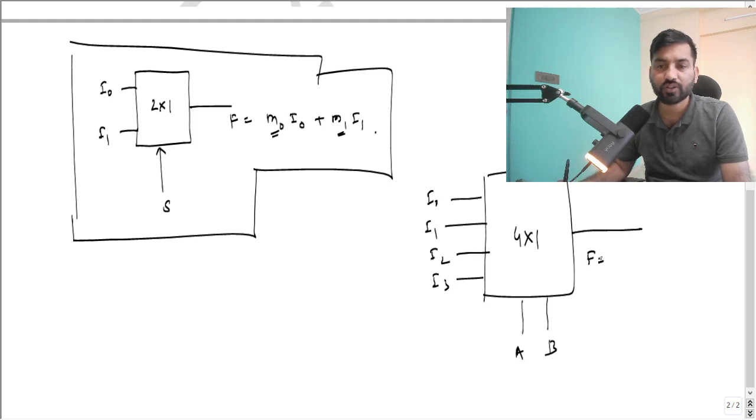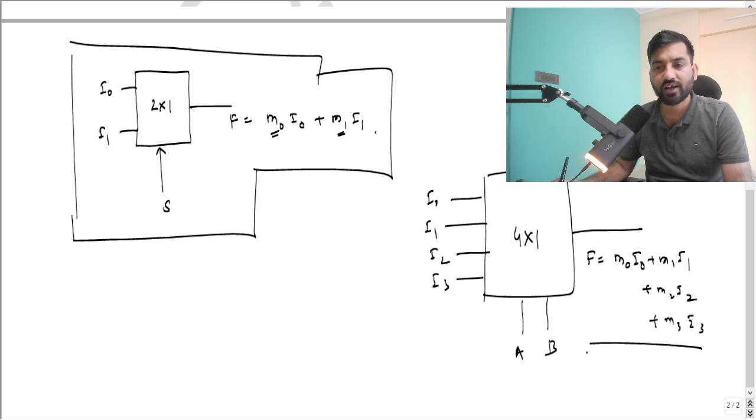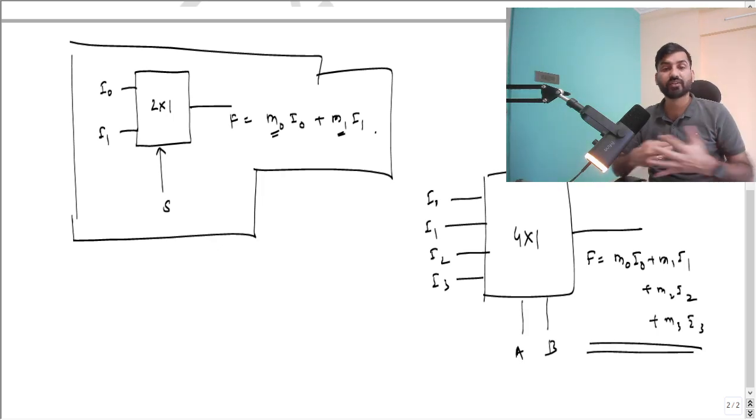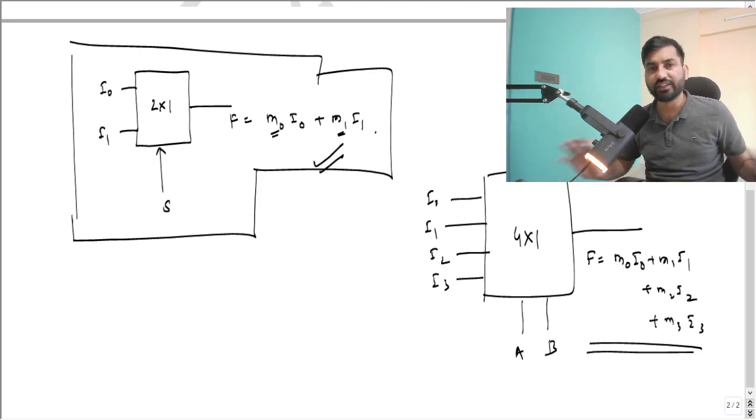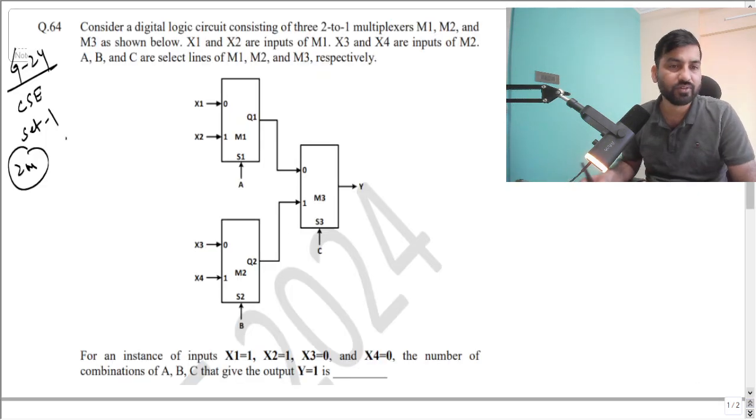So what is the output, guys? The output is M0 I0 plus M1 I1 plus M2 I2 plus M3 I3. This is how we write it, and if you know this, it is enough to solve the question. So let me go ahead. Here they have given some inputs also, please write them.